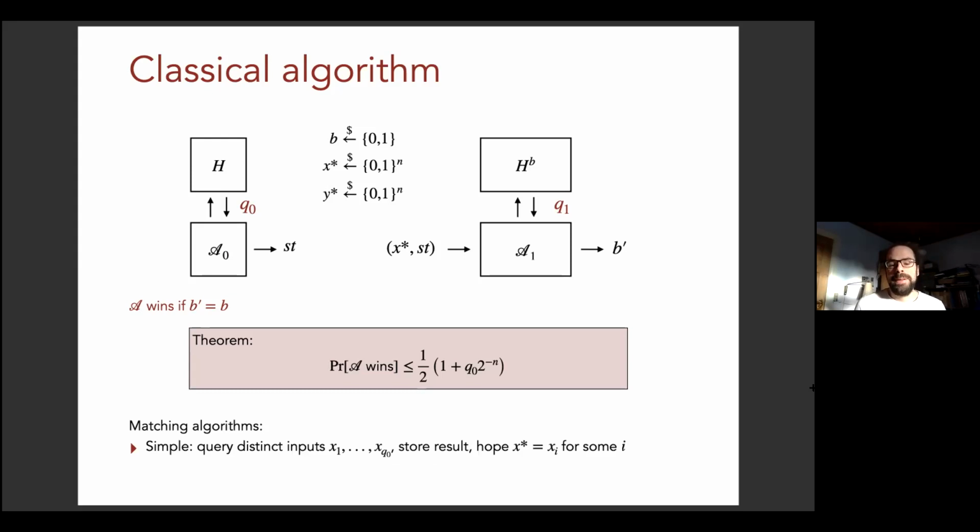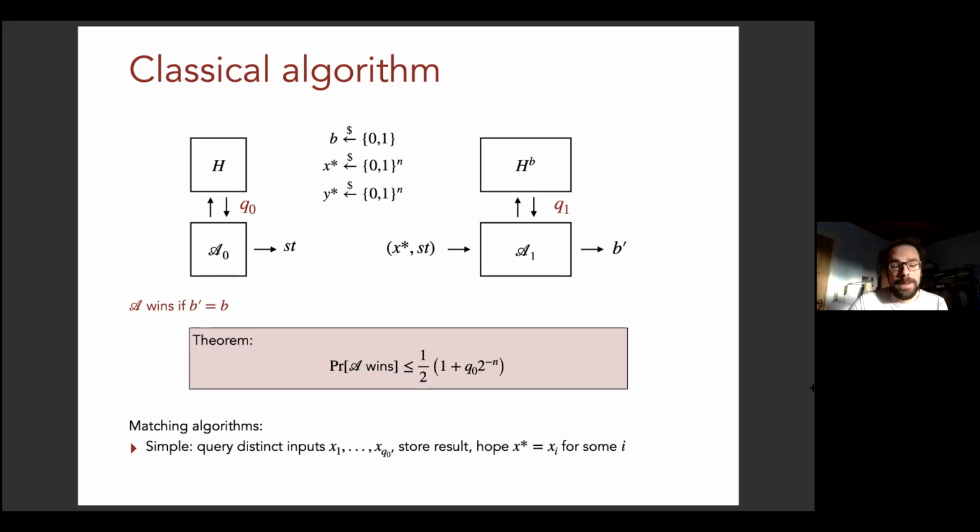A0 can just make Q0 arbitrary but distinct queries, store all the input-output pairs it has obtained in this way, and pass them on to A1, right? Now A1 just hopes that x star is among the inputs that A0 queried, and if so, it can check whether the output of its oracle is the same as the one it received from A0. Otherwise, it has to guess. And this exactly achieves the right advantage.